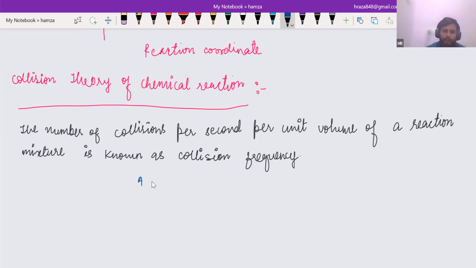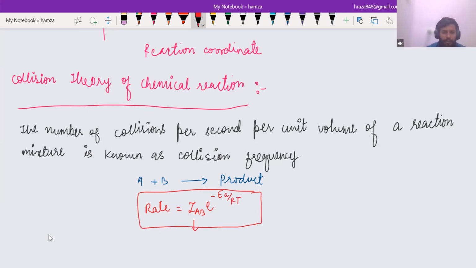Let's say we have a reaction A plus B giving us product. According to that reaction, we have an equation of rate, and rate will be equal to ZAB, that represents the collision frequency of A and B reactants, into e raised to the power minus Ea upon RT. I'm going to write what ZAB means.